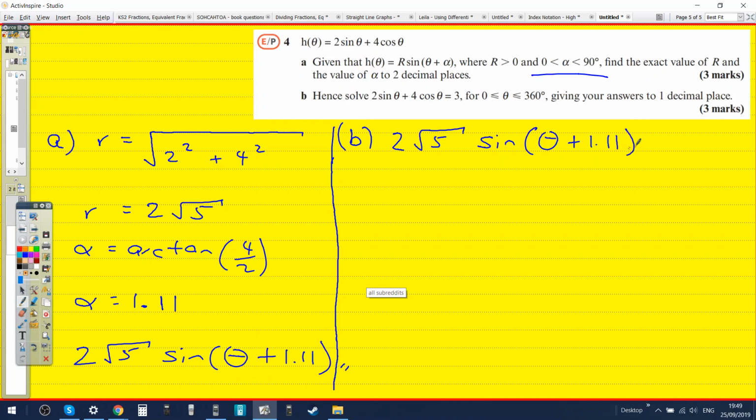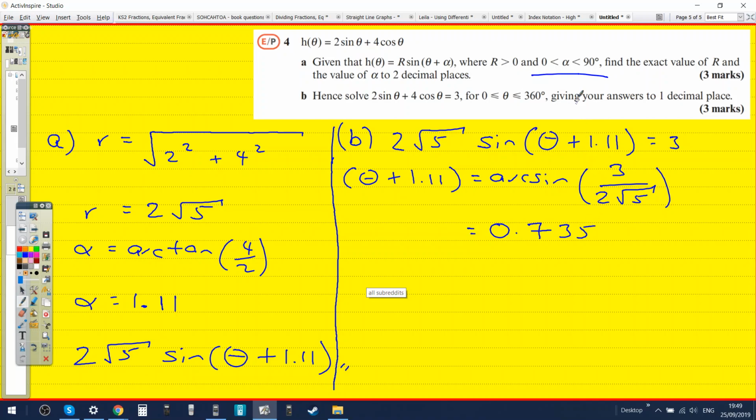Theta plus 1.11 equals 3 over 2 root 5. And we can arcsine this and use that value to find theta for now. Yep. Theta plus 1.11 equals arcsine of 3 over 2 root 5, which is equal to 0.735 radians. Oh, hold on. Change back into degrees now.